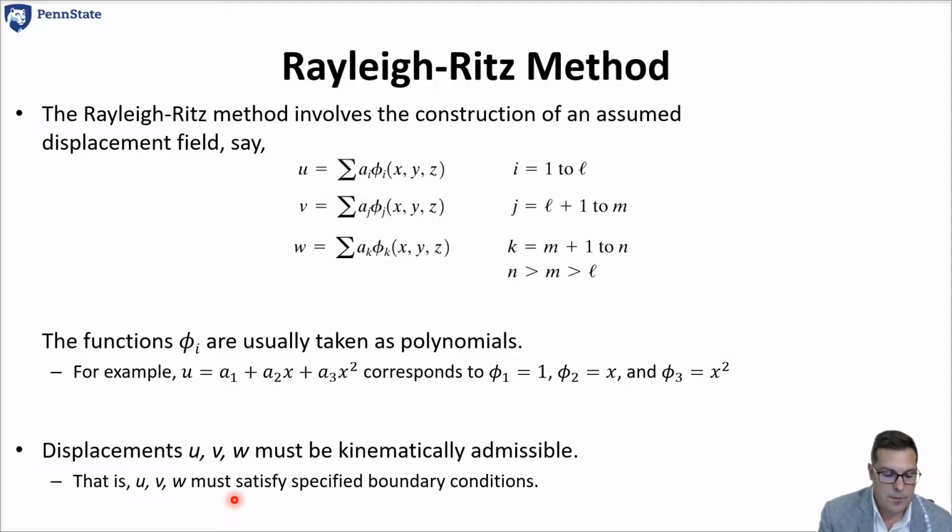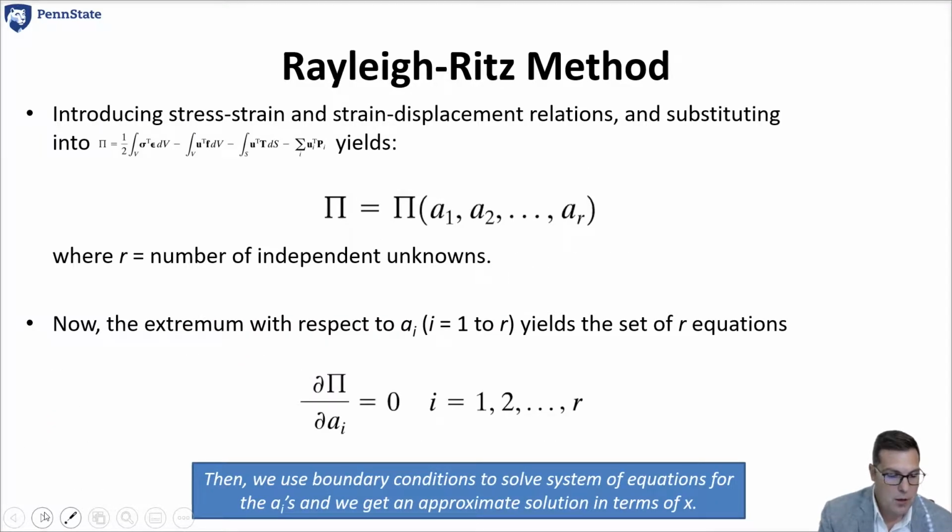So, for example, let's say u at x equals 0. Well, x would be equal to 0 here, which implies that a1 is equal to 0. So then you use those boundary conditions to basically solve for these unknown coefficients, a, right? And that's kind of how you do that. You can combine it with our previous potential energy.